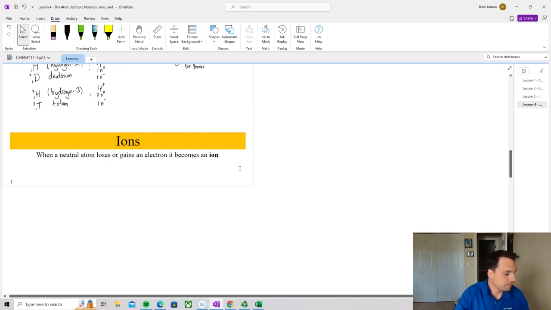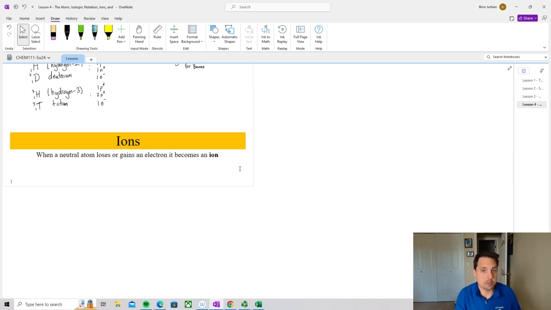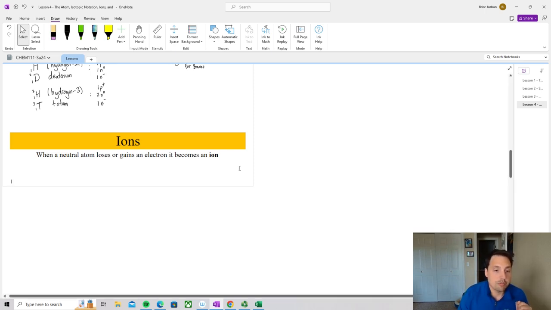So when an atom loses an electron, it now has a larger positive charge because some of those neutral electrons are gone now, and electrons have a negative charge. So you have to think in opposites. Something loses an electron, it's losing a negative charge. So overall, that atom becomes more positive. And the opposite is the case when it gains an electron.